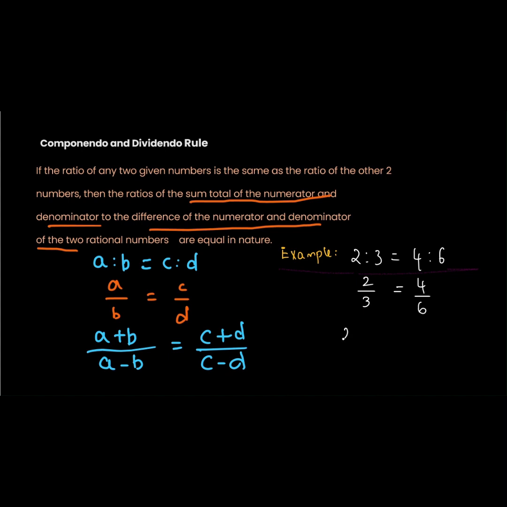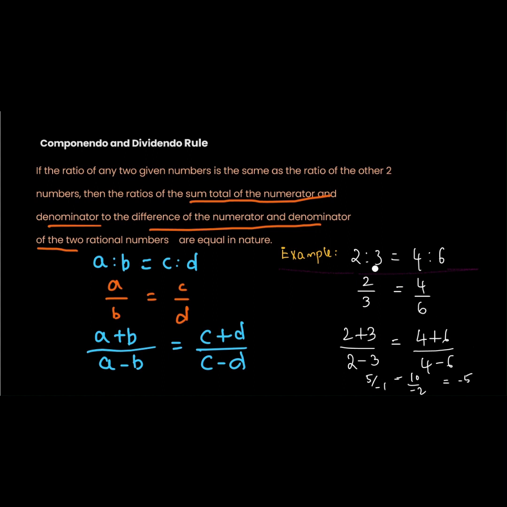We need to add the numerator and denominator first, and then subtract, 2 minus 3. In the same way, we add the numerator and denominator and subtract them. If you simplify 2 plus 3, it's 5 over negative 1. And here we have 10 over negative 2. If you simplify, both of them are equal to negative 5.